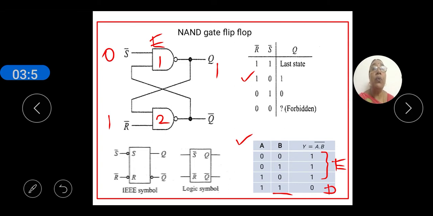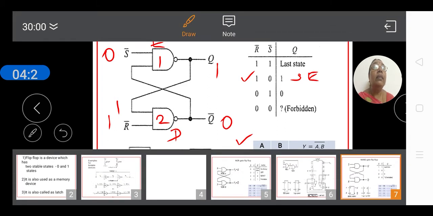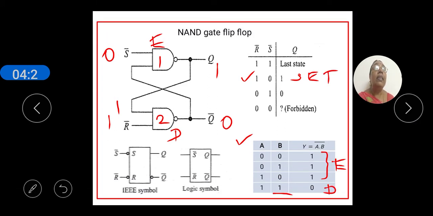When Q is 1, the other input of the second NAND gate is 1. So the second NAND gate is disabled. So Q bar is equal to 0. We say that Q is 1 or the flip-flop is set. So when R bar is equal to 1 and S bar is equal to 0, we say that the flip-flop is set.